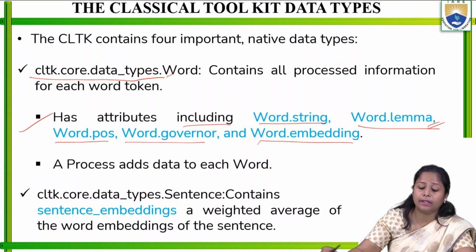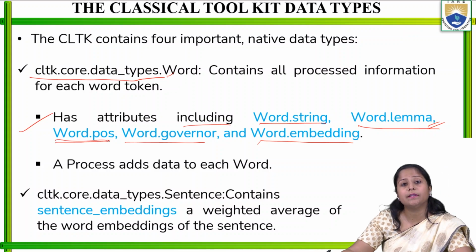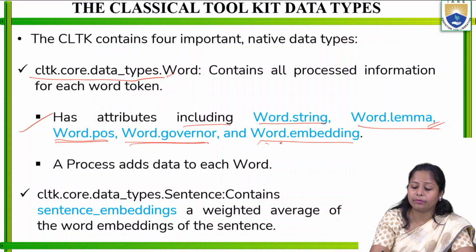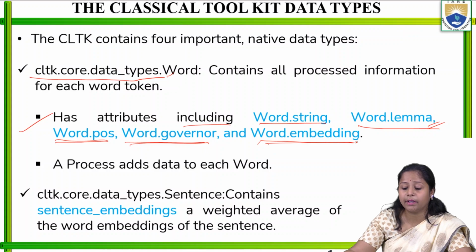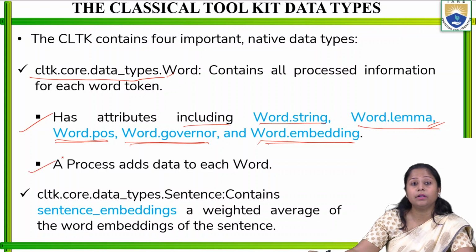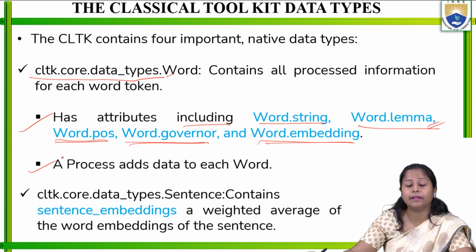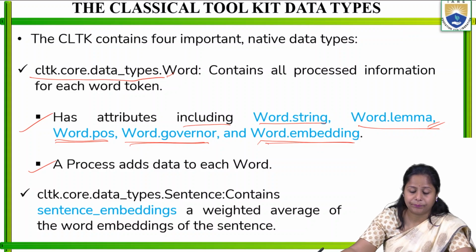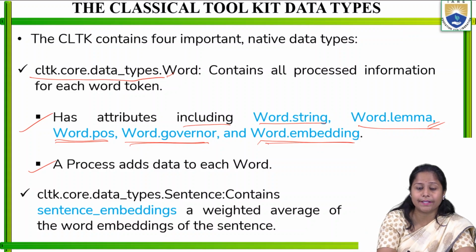The word.pos is the POS tag we segregate from the sentence. Word.governor and word.embedding are also separated from the sentence. There is also a process that adds the data to each word; when we add word.process, it loads the different corpora, that is data, right? So that was the first data type.